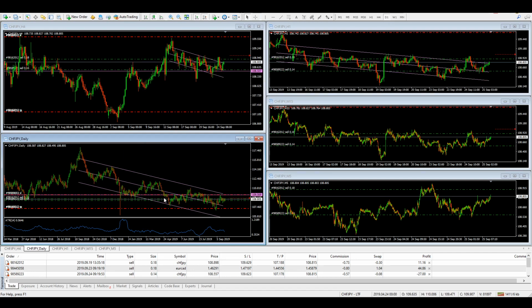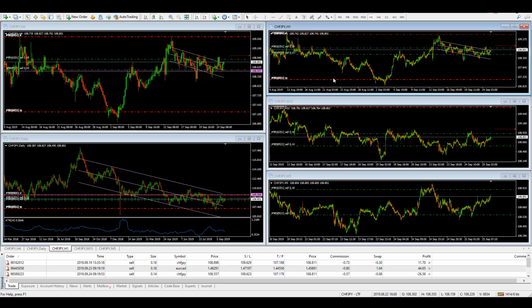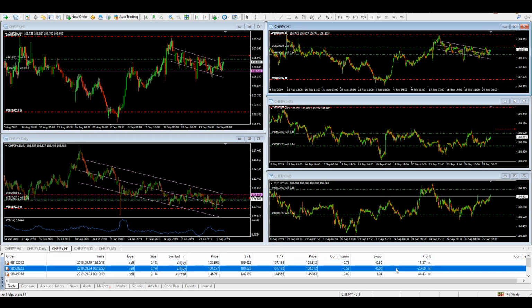So this here is the CHFJPY. This is a position that I've added to. I've scaled in because the price gave me the opportunity to do so. So we can see here, got one position around about £11 and another at minus 26. It's just the price doing what it's doing.